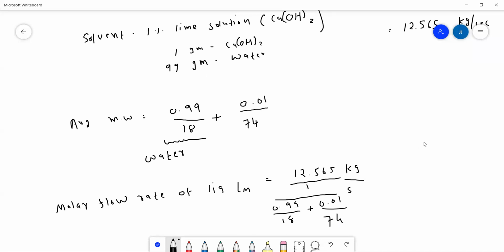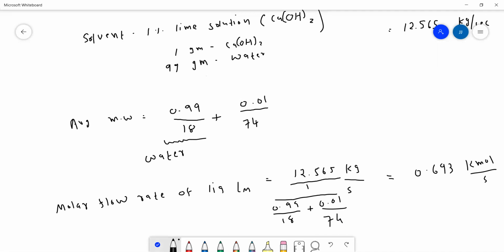So you will get, now it is kilomole because we have converted this mass flow rate into molar flow rate, so it is 0.693 kilomole per second.